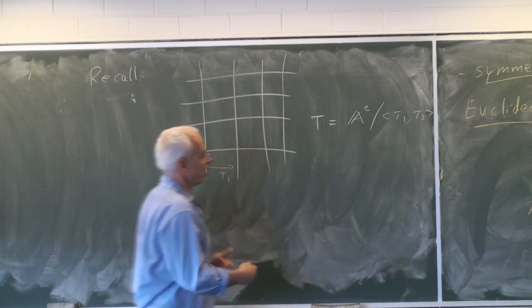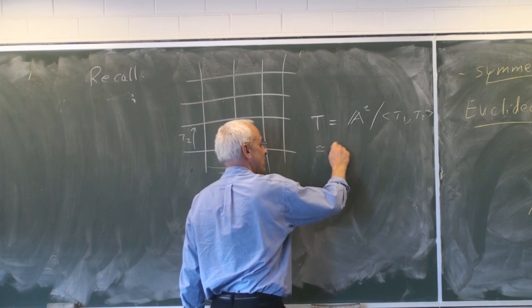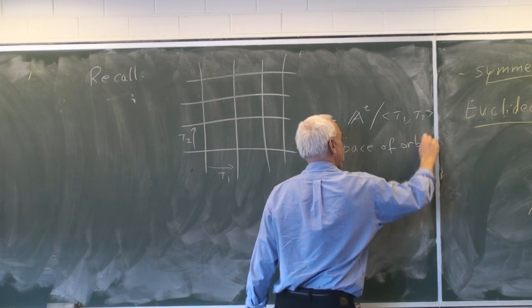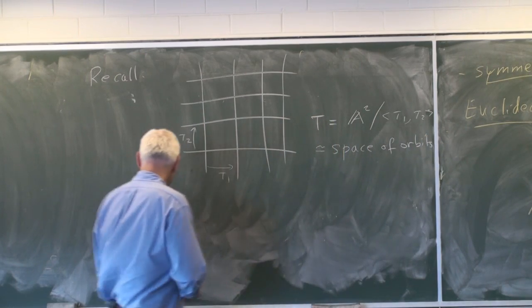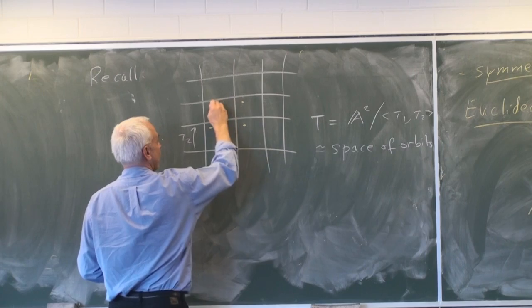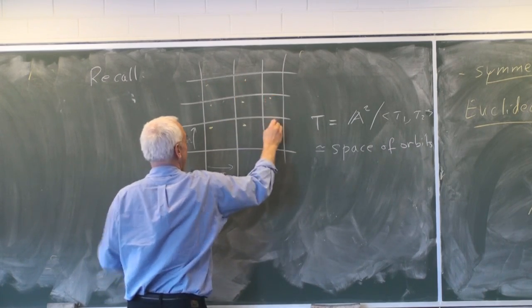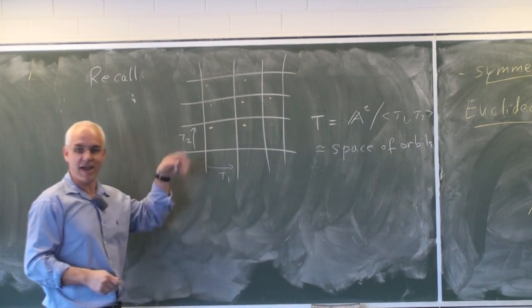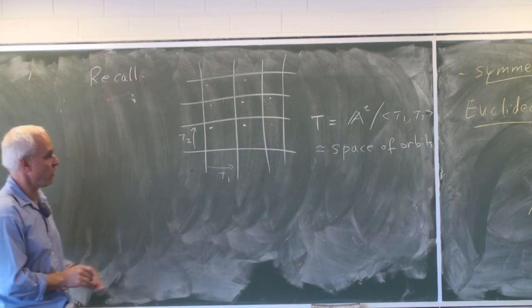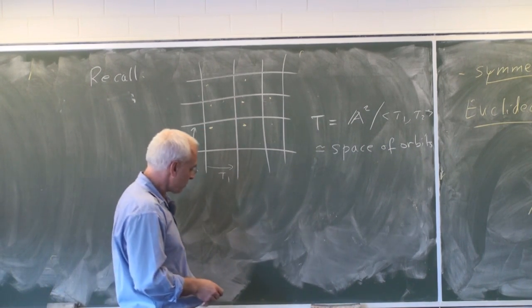Okay, that's notation. What it really means is that it's a space of orbits. So I remind you that if you have a point there, then its orbit is going to be all the points that you get by applying tau 1 and tau 2 in all possible ways. And that space of orbits forms a torus.